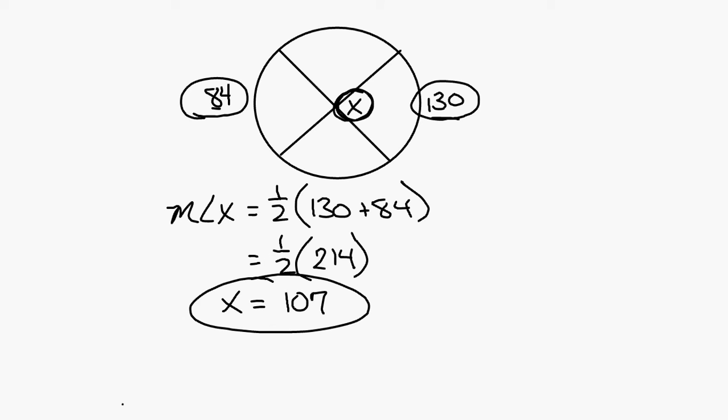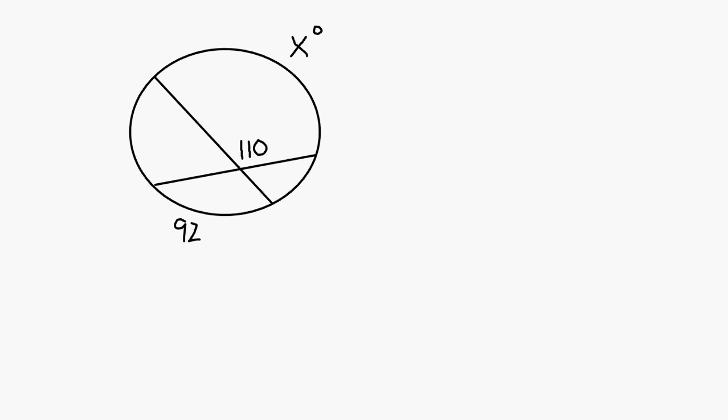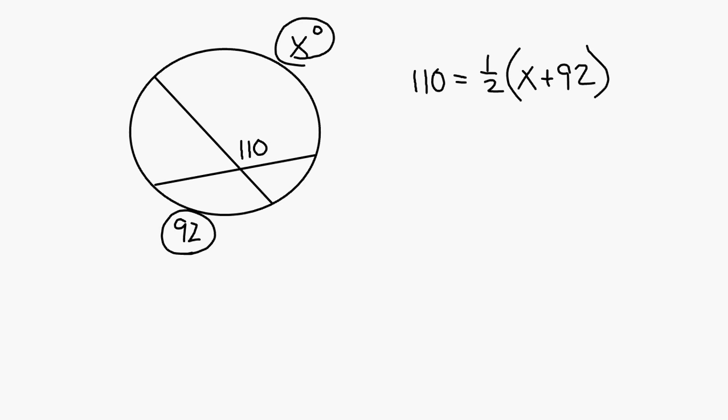If you look at this picture, now you're given the angle. So the angle equals 1/2 times the arc plus the arc. So that's going to be x plus 92. And those arcs have to be the intercepted arcs. So here the 110 is the angle equals 1/2 times arc plus arc.